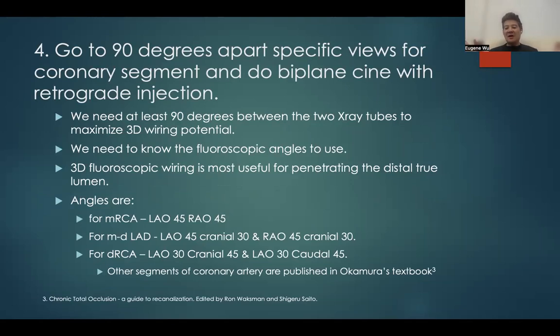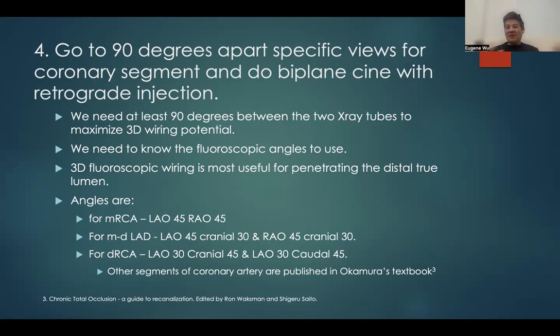For mid to distal LAD, LAO cranial, 45 LAO, 30 cranial, and RAO cranial, 45 RAO, 30 cranial. For distal RCA, it is LAO cranial, 30 LAO, 45 cranial, and LAO caudal, 30 LAO, 45 caudal. These two views cannot be done with a biplane. You have to use one plane to the other in single plane manner.